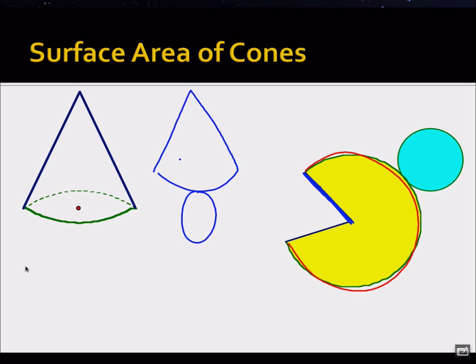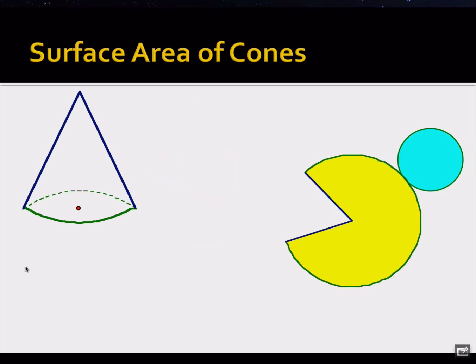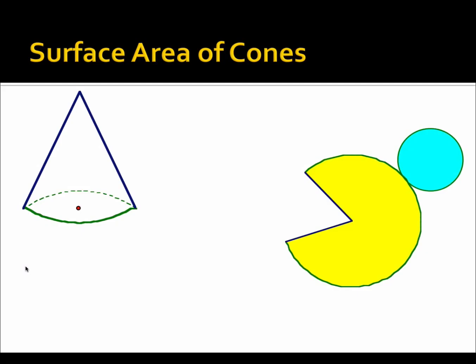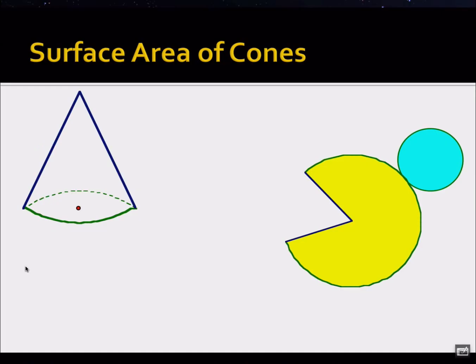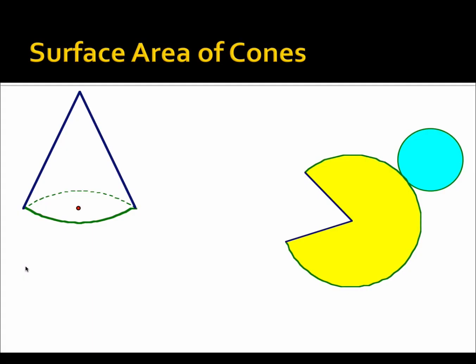Okay, I'm going to contradict myself here and say that when we're looking for the surface area of a cone, the easiest way, and probably the only way that I'm going to show you, is to use a formula, because the other method is too nasty. Let's try again. There we go.